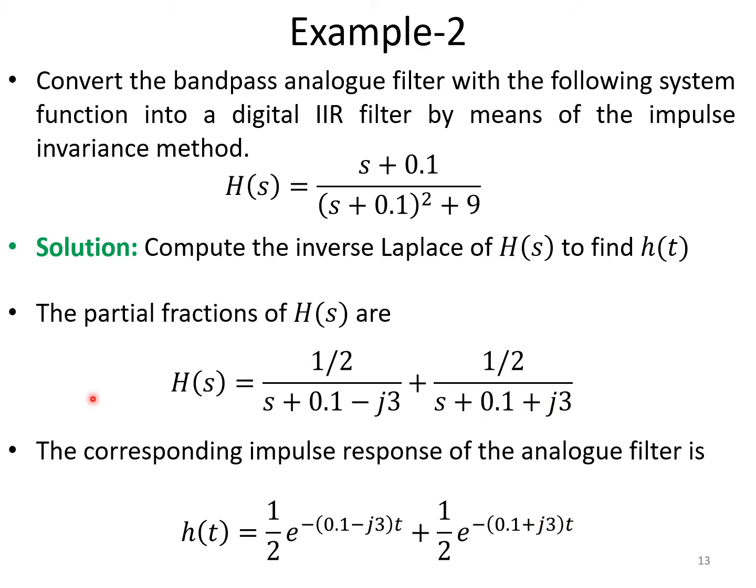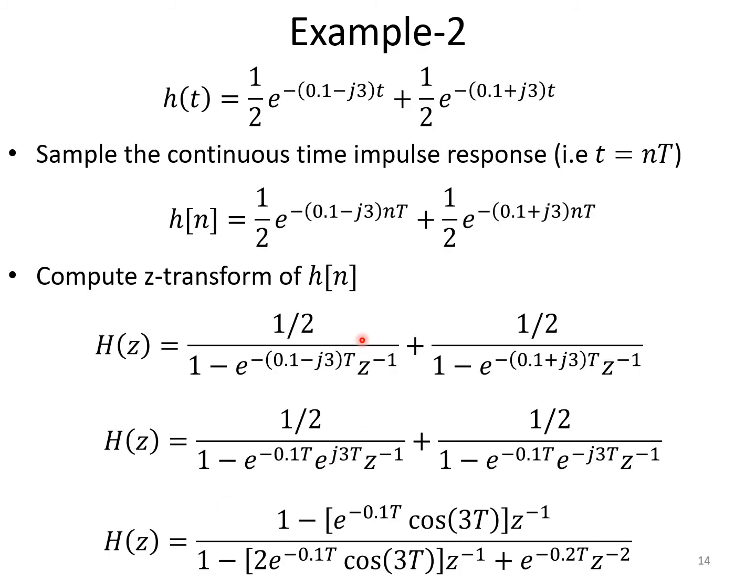Now we have the impulse response of the filter in time domain. Now we have to sample it. So substitute t equal to nT in this. So substituting t equal to nT, we have now discrete version of the impulse response. So now we can directly find out the z transform using the z transform table, right? So again we have exponential function here.